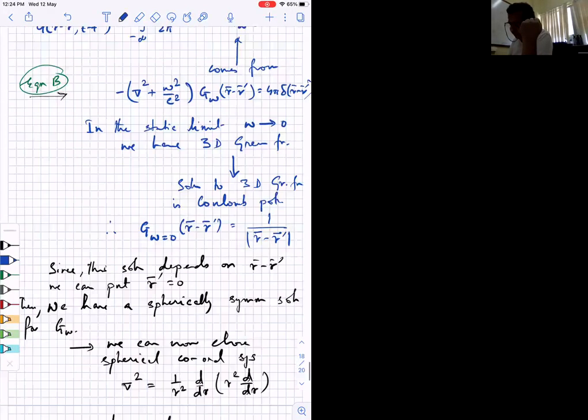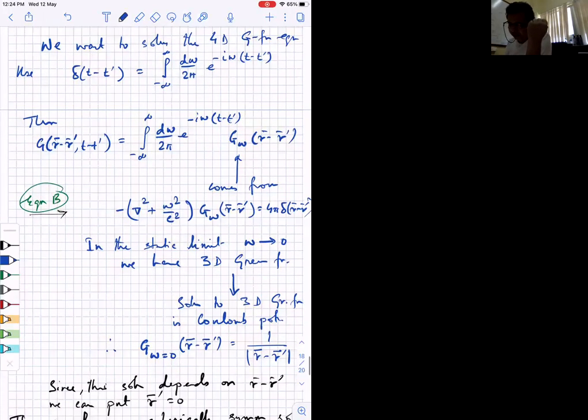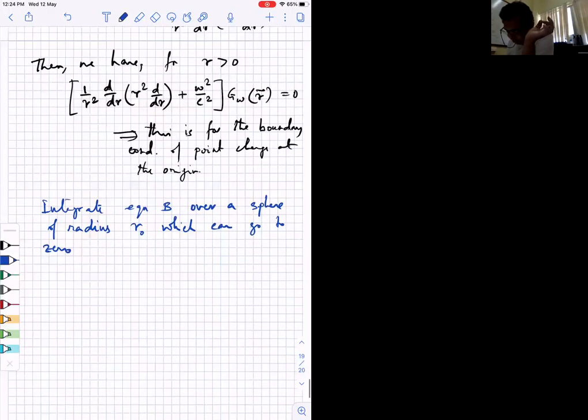So once we do that, if I integrate the RHS of equation B, the RHS is just 4 pi, right? RHS of equation B is 4 pi.